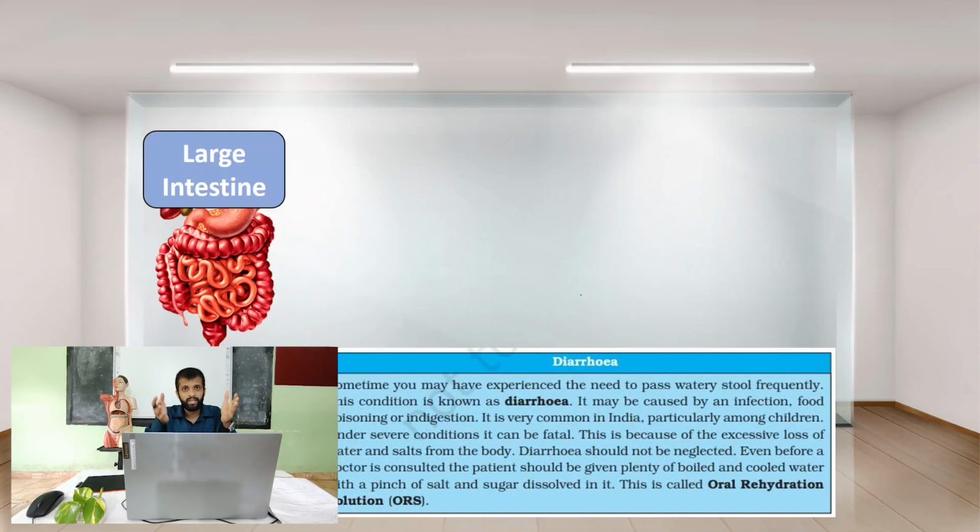Then after all the digestion has taken place, part of it is not digested. Imagine I have a sieve and I put something to strain. If you imagine tea, the tea powder remains on top, it does not pass through the sieve.